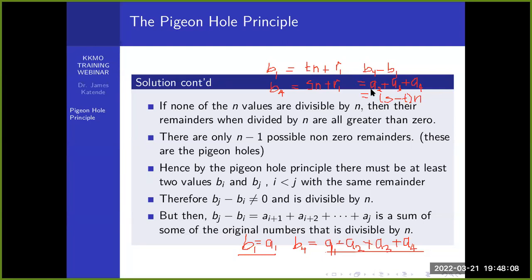But that difference is a sum of a subset of the elements of the original set. So we have found a subset, in this case A2, A3, and A4, and the sum of the elements in that subset will be divisible by n. Does that shed some light?